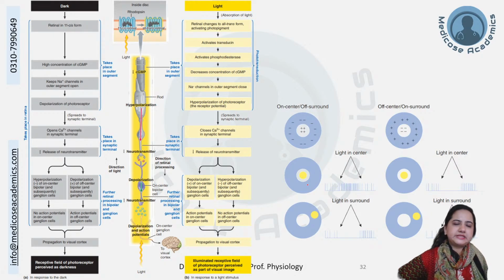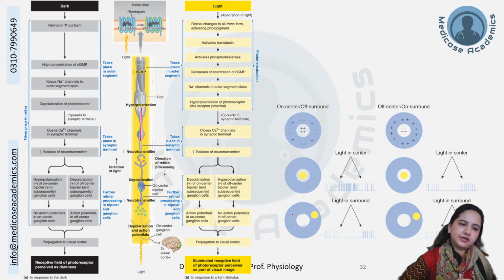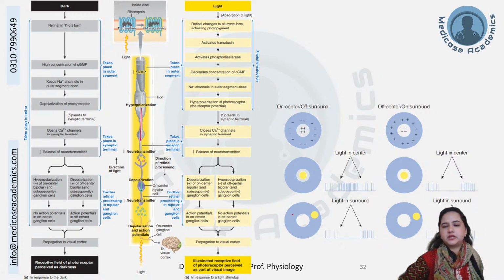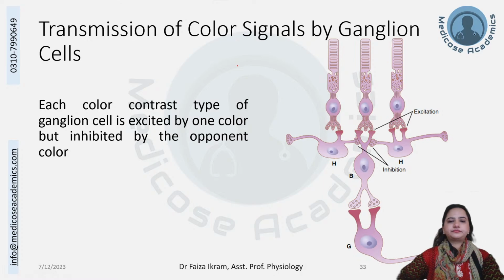This is summarizing the same thing, the whole of the phototransduction in the presence of dark and in presence of the light, what we have already discussed. In some bipolar ganglion cells, on center off surround, in other off center on surround, ultimately it will help in making a sharp contrast image.